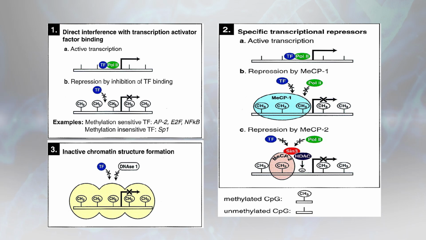It is a complex of 5 proteins. They bind to the methylated promoters and inhibit RNA polymerase from coming and sitting, and they stop the transcription. So these are the different mechanisms of gene silencing.